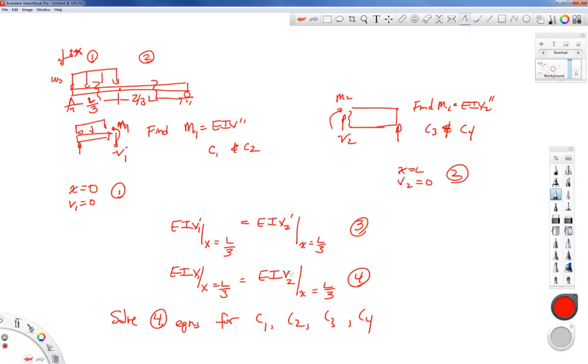That doesn't mean just writing this down. That means actually putting in x equal to L over 3 into the equations as appropriate, or whatever the boundary point is. Listing out those equations that you would need to solve for the constants of integration. For your homework, go ahead and solve it all out. I'm going to try to make a separate video where I go through a homework problem.